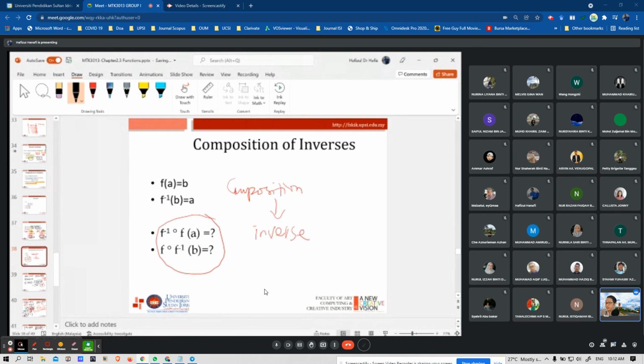Okay, composition of inverse. First, we need to identify whether this one is invertible or not.